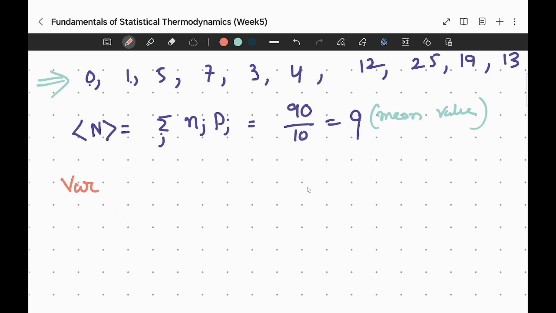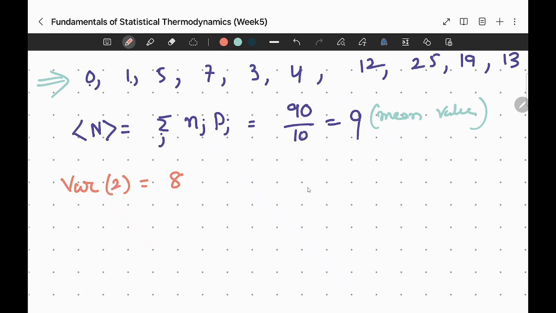Variance is calculated as follows, it's easy. For each number, for 0, what will be the variance? 9. For 1, what will be the variance? 8.